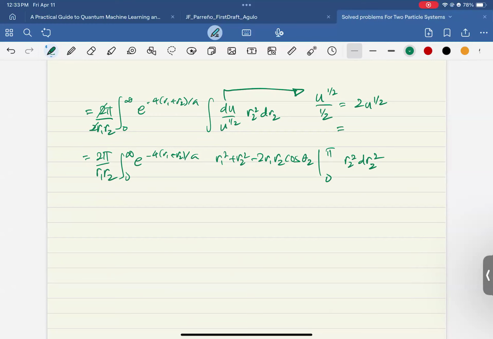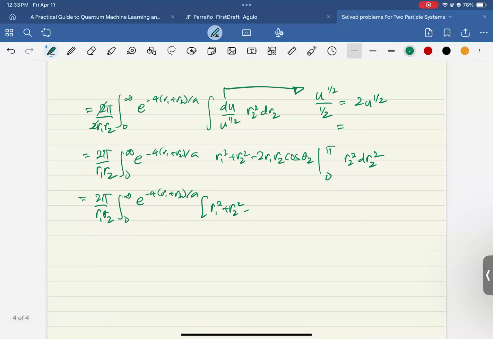So if we evaluate that, we have 2 pi over r1 r2 0 to infinity ng exponential minus 4 r1 r2 over a. Okay, and pag in-evaluate natin yan, we have r1 squared plus r2 squared minus, ano bang cosine ng pi? It's negative. So that's plus 2r1 r2, wala na yung cosine.